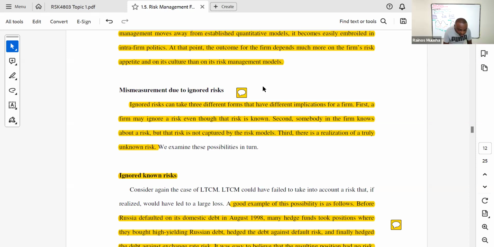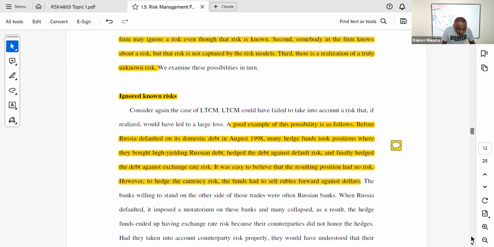Now, when you look at ignored known risks, they go on to say a good example of this possibility is as follows. Before Russia defaulted on its domestic debt in August 1998, many hedge funds took positions where they bought high-yielding Russian debt, hedged the debt against default risk, and finally hedged the debt against exchange rate risk. So it is easy to believe that the resulting position had no risk.